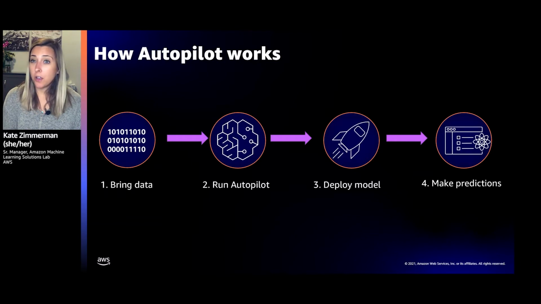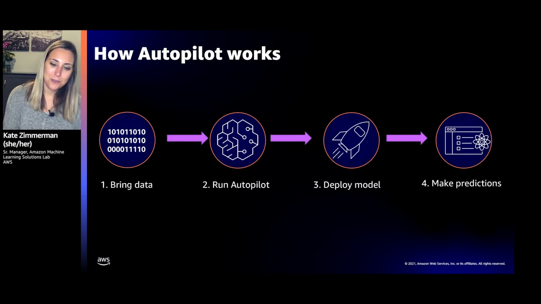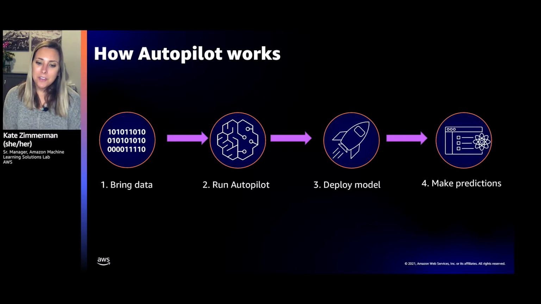You select your target column of what you want to predict, and then you go run Autopilot. And under the hood, Autopilot is going to do a lot of that machine learning lifecycle for you. So it's going to go train the models and tune the models and do all kinds of cool stuff. At the end of it, you'll get a report about the model's performance. And if you choose to deploy that model, it is truly only a click. And then that model is deployed as a SageMaker endpoint so that you can go off and start making predictions.